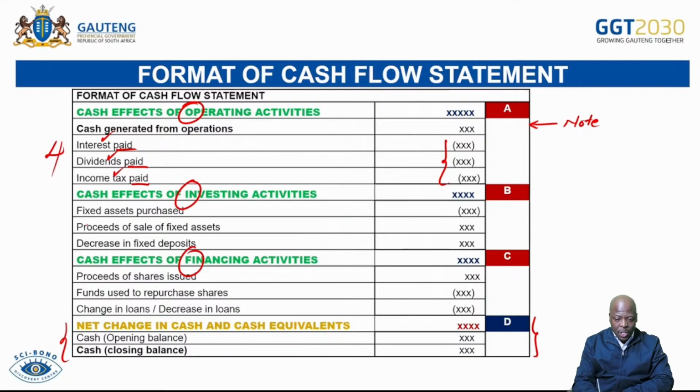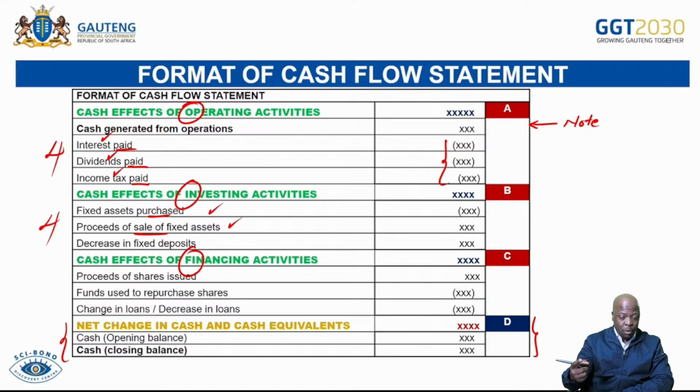And then you come to your cash effects on investing activities. With this one, you will have four aspects, but normally the examiner will test only on three aspects. Your fixed assets, we have two aspects, which is the purchase of fixed assets, as well as the disposal of fixed assets, the proceeds from the sale. So your purchase will definitely be an outflow because we are acquiring new assets.